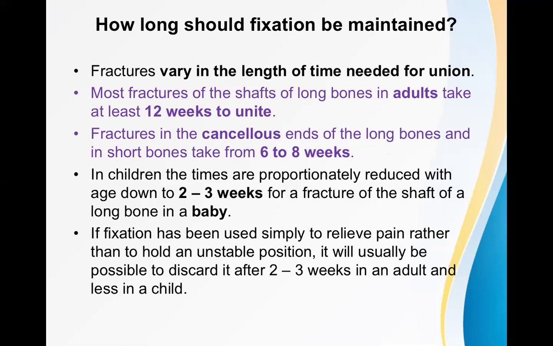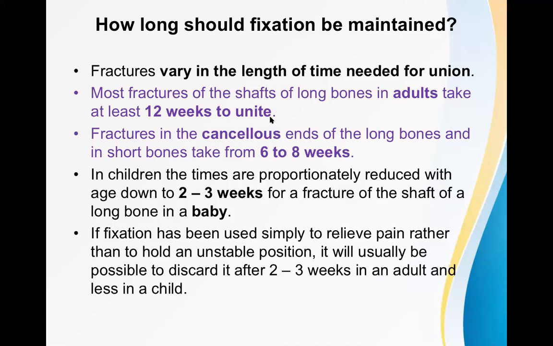Now another question: how long should fixation be maintained? After we apply that fixation, how long should it be maintained? Now see here, fractures vary in the length of time needed for union, and a general principle for this is that most fractures of the shaft of long bones in adults take at least 12 weeks to unite. 12 weeks in long bone fractures, 12 weeks means 3 months.